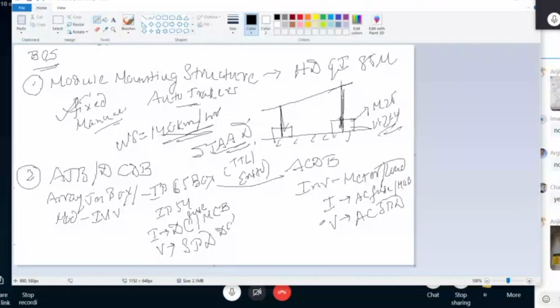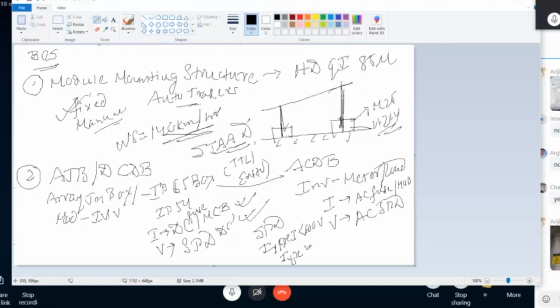Fine. Now we need to understand how we need to calculate the current, like how we need to take the ampere rating for a DC SPD, right? Now we will first do the design, then we will come to how to go for the ampere rating and the voltage rating of this. You just know for this moment that SPD has three types. Type 1 protects less than 600 volt.